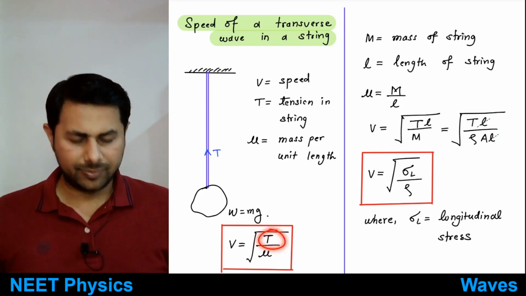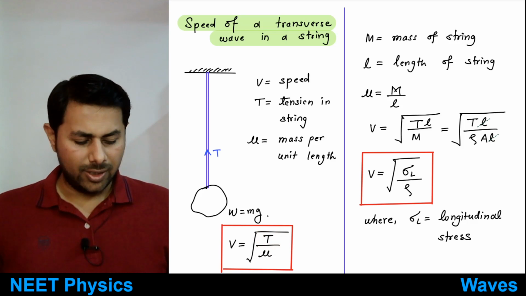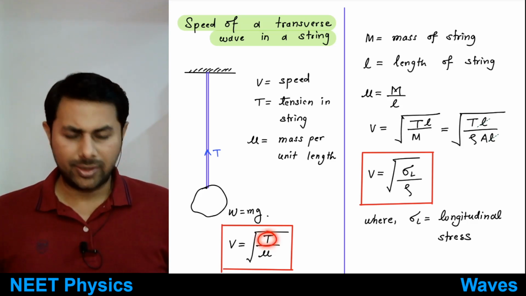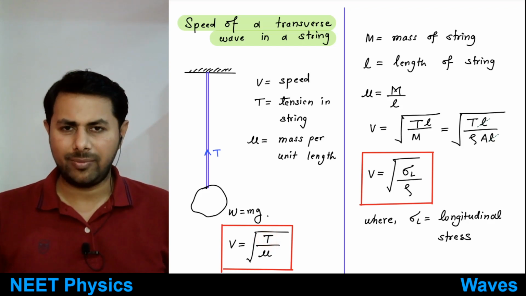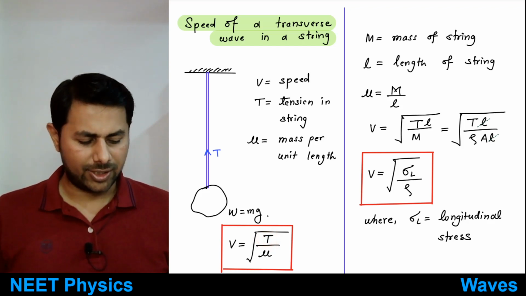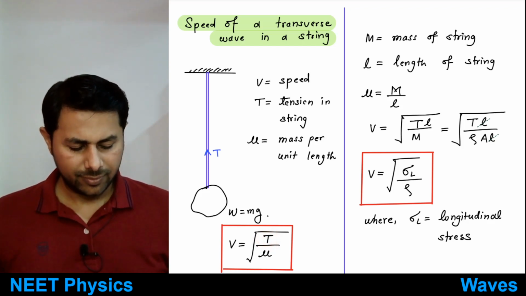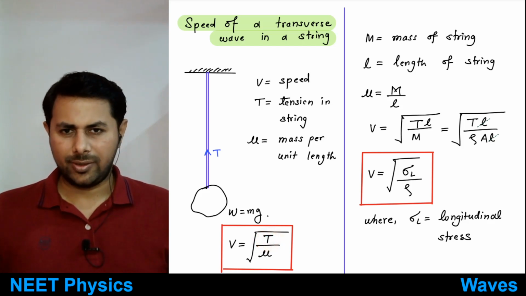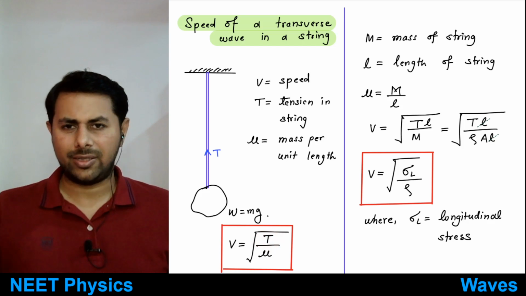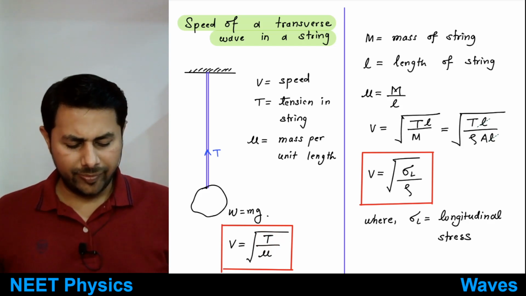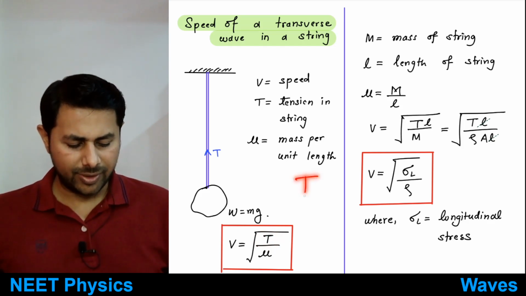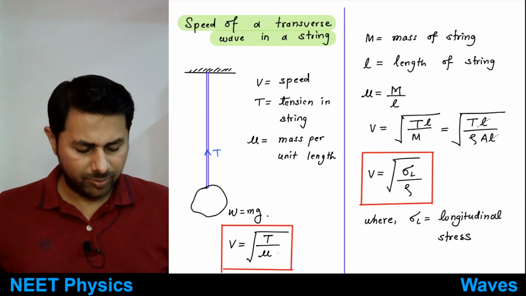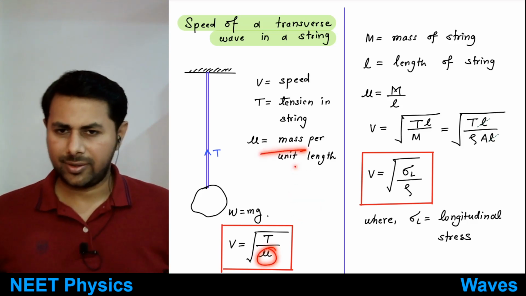One is the restoring force, that is tension in the string, or the elastic property of the medium, and the second thing is inertia. Now see how fast it will be, which term will come in the numerator and denominator. So some power of T by mu will come. Now what will that power be? Okay, what is mu? Mu is the mass per unit length.